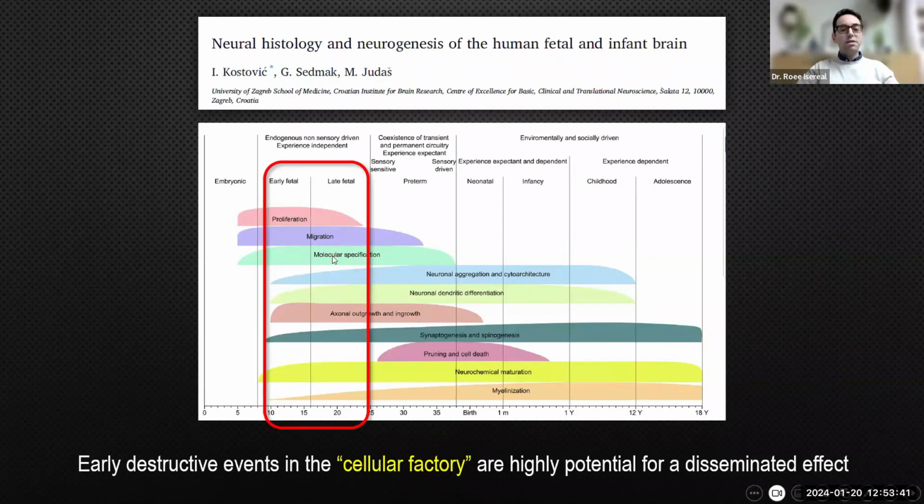You can see proliferation, migration, specification of cells. For example, we talked about it in the corpus callosum talk: we have the specification of callosal neurons, etc. So it doesn't come as a surprise that if this cellular factory is involved or insulted early in pregnancy, we would expect to have quite a disseminated effect on brain development.